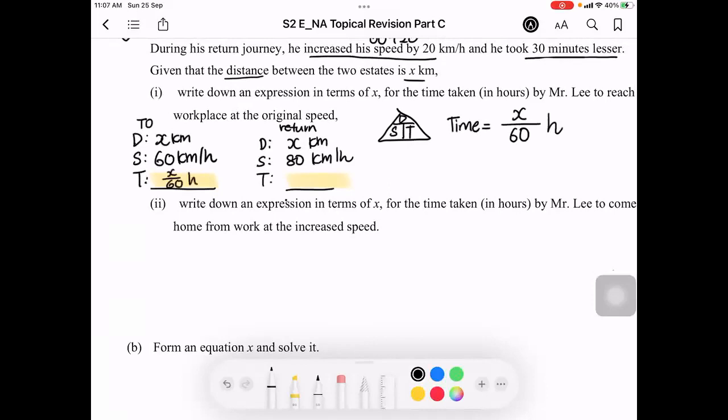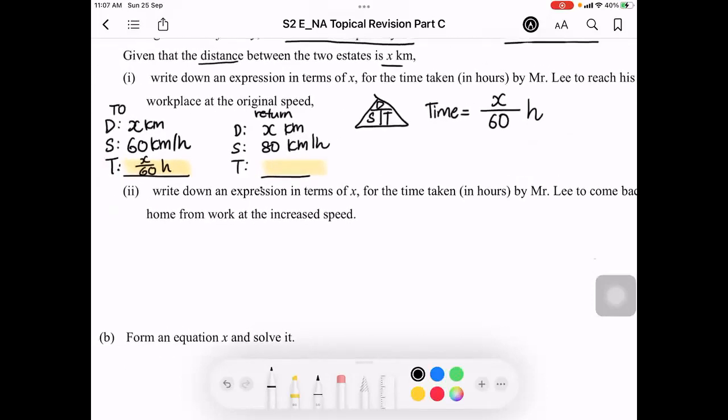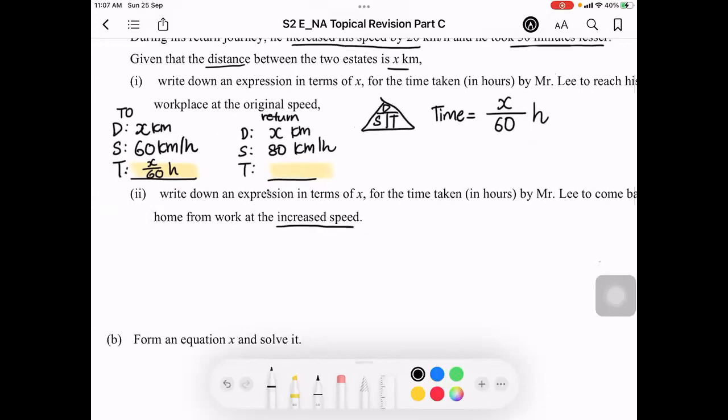Next, write down an expression in terms of X in hours to come back from work at the increased speed. This is the second part, the distance over the speed. This one will be x divided by 80. So the time on the return journey will be x over 80.